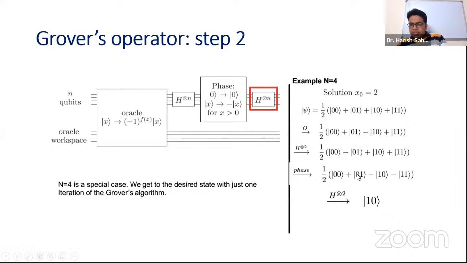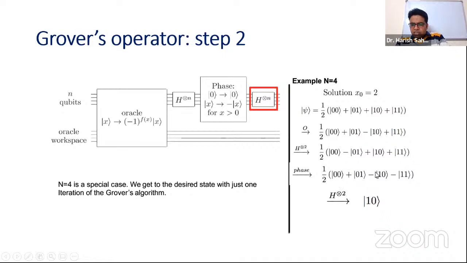So constructive and destructive interference happen here. For this 1, 0 state, constructive interference is happening and its amplitude is added. For the others, the phase is different and destructive interference happens, and those amplitudes are reduced.